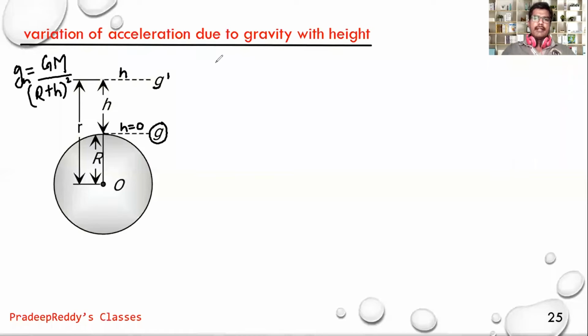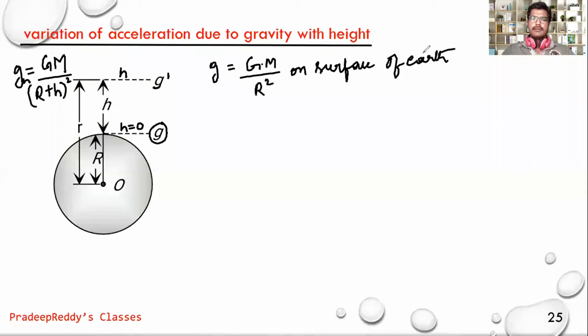So I can write g is equal to capital G, capital M divided by R square. This is on the surface of earth. Acceleration due to gravity at a certain height h is capital G, capital M divided by (R plus h) whole square. This is at height h.